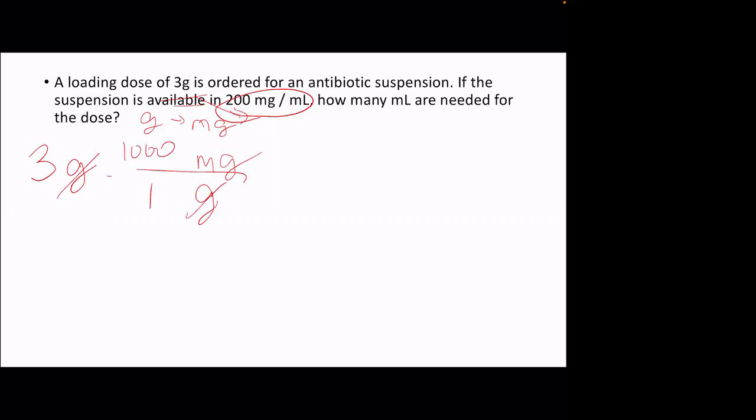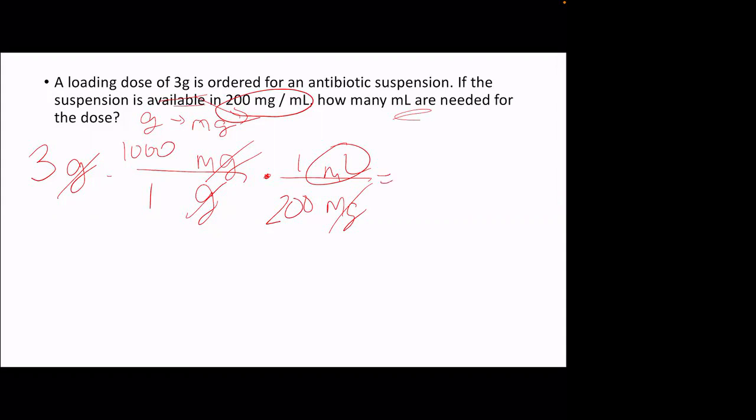So we're in milligrams, and then we need to convert it to milliliters. We know we have 200 milligrams found in every milliliter. We put the milligrams on bottom so that it cancels out with the 1 before. And notice that we are, in fact, in milliliters, which is what the problem says we need to be in. So we are good to go there.